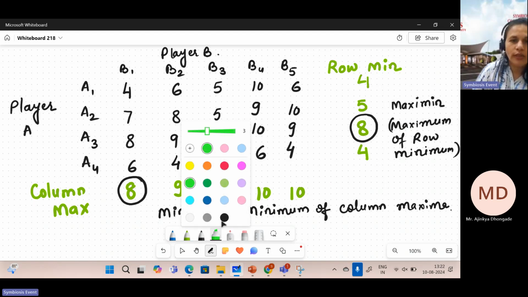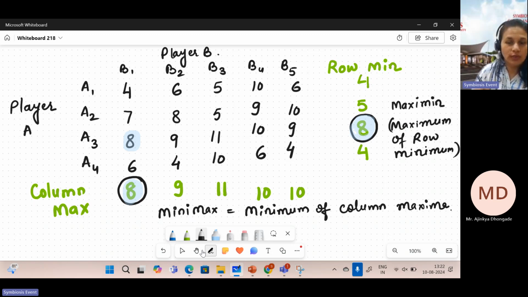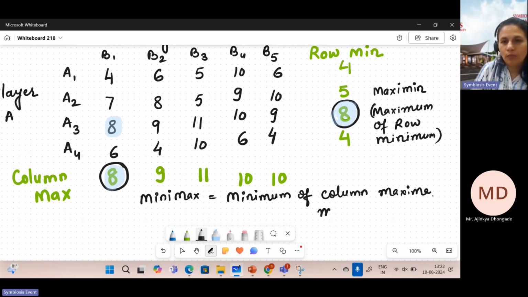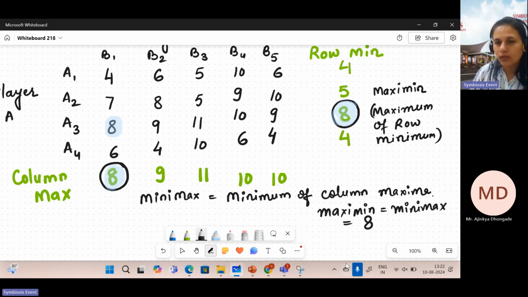So did you observe? Here also you are getting 8. And here also you are getting 8. And wherever they are intersecting, that is also 8. So what does it mean? It means maximin is equal to minimax, and which is equal to 8.